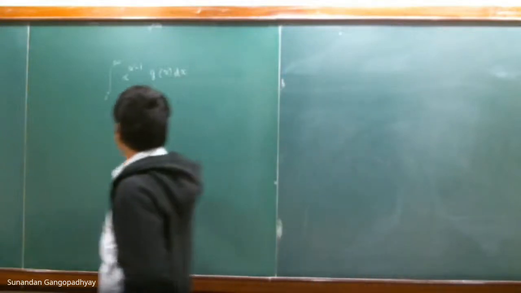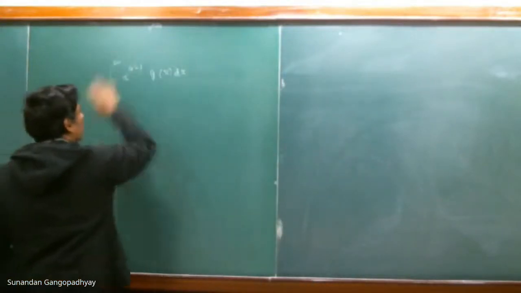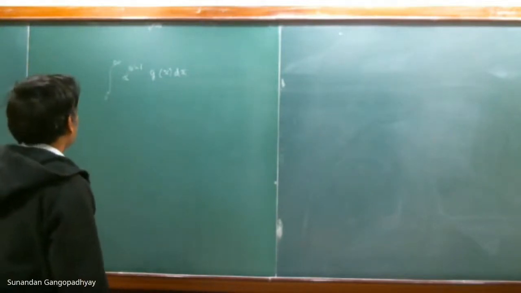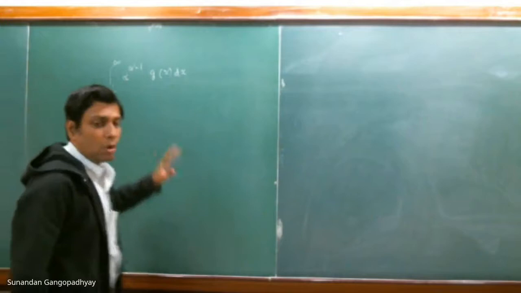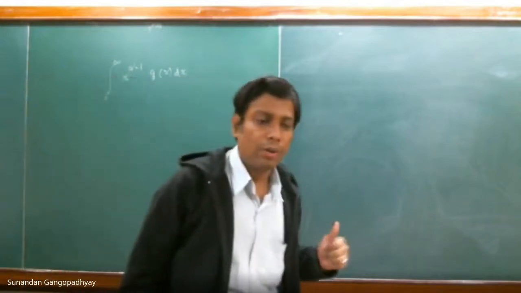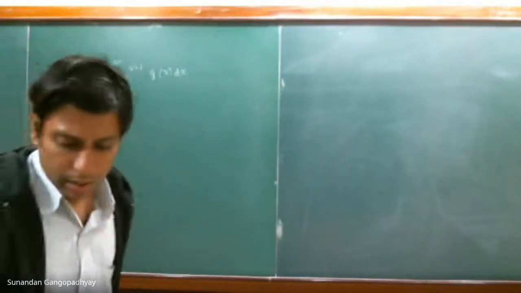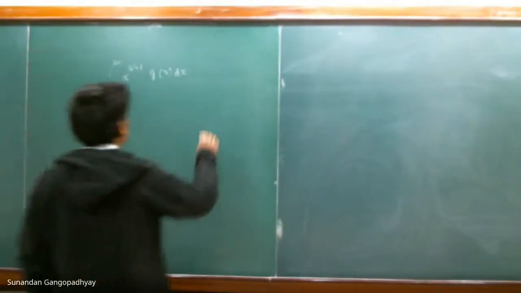So what would be the way to do these integrals? What we shall do is use complex variable analysis to evaluate this particular integral. I would just like to give you the general result.